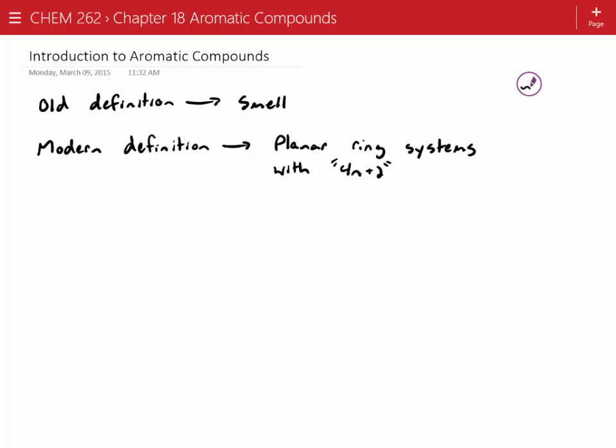I'll put this in quotes because we'll talk about that later. The most common aromatic system we see is benzene. Benzene's 90% of the time what we're talking about when we're talking about something that's aromatic. But there are a lot of other molecules that also display the same characteristic.